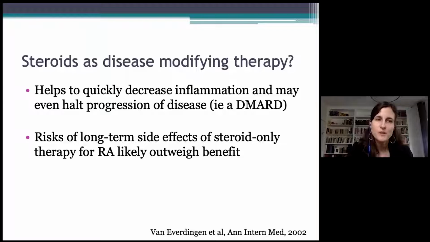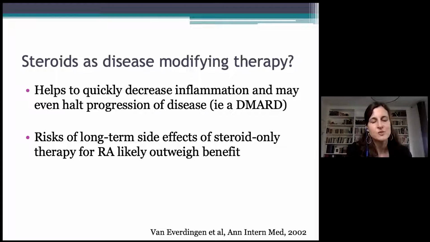So just to step back a little bit about steroids, and can they be used as a disease-modifying therapy? As you know well in your practices, steroids are our best friend and worst enemy. They can help to quickly decrease inflammation and even halt progression of disease, i.e. acting like a DMARD therapy in rheumatoid arthritis.